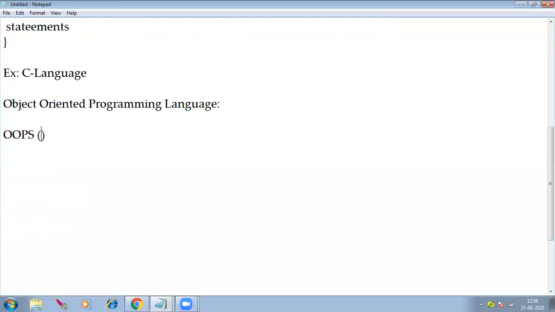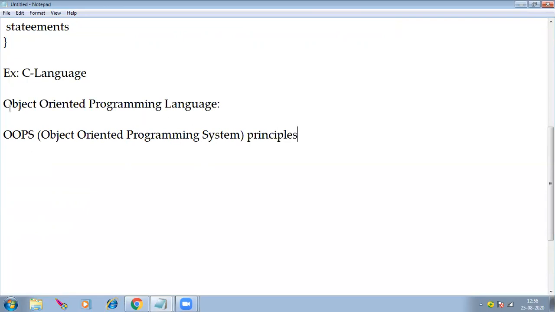OOPS means what here? Object oriented programming system, right? Principles.